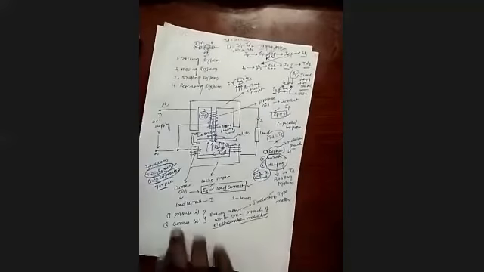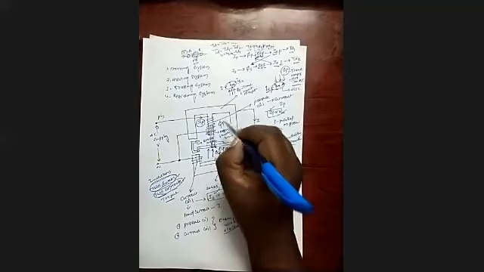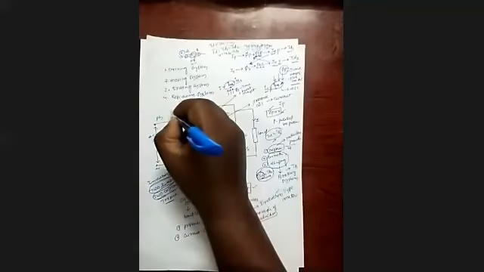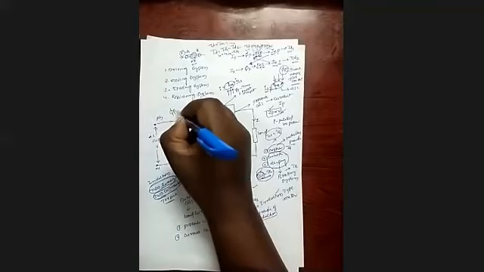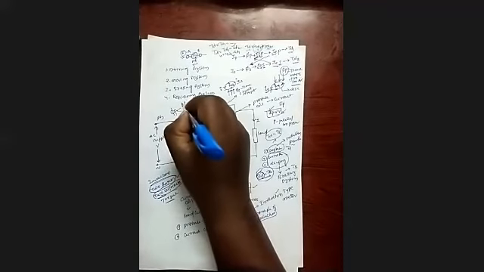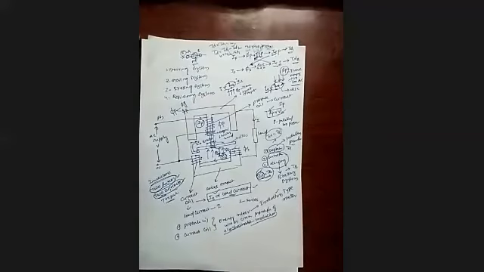Here this is the pressure coil flux, this is the series coil flux. The pressure coil flux is divided into two fluxes: one is the air gap flux, another one is the pressure coil flux.